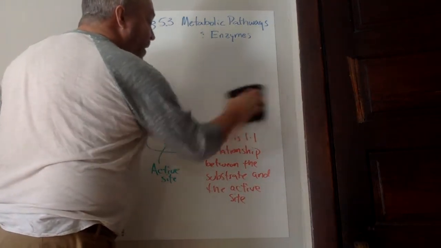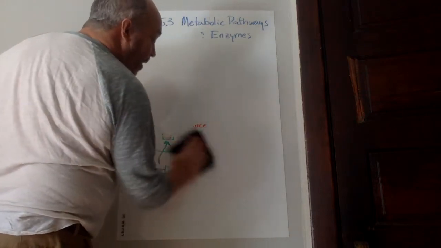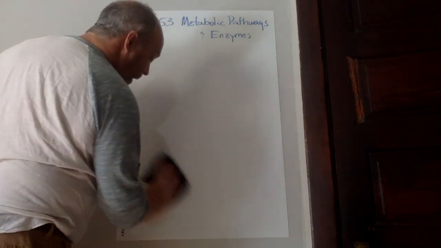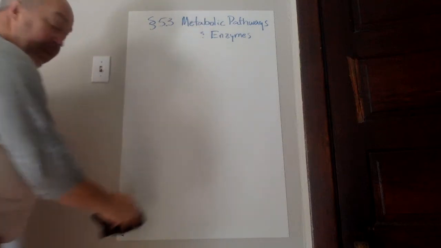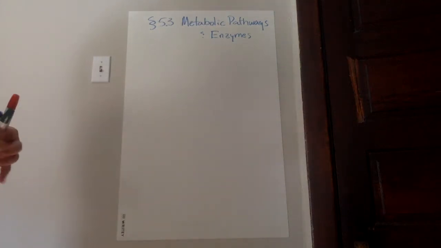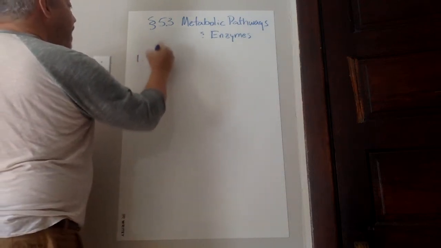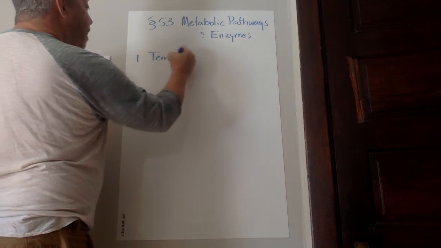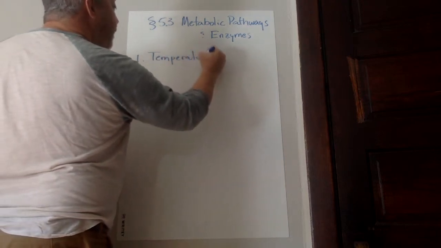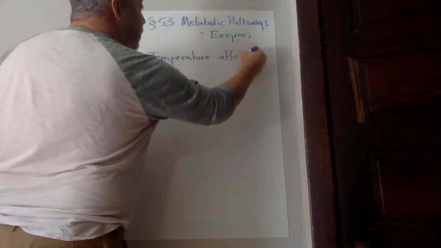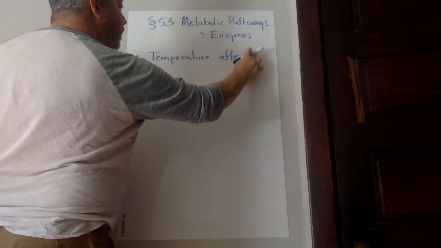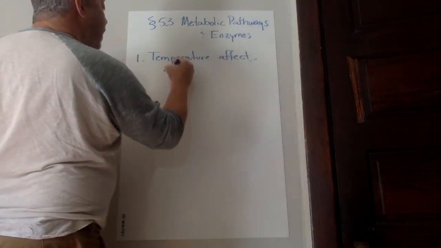And then the last thing we need to know about enzymes is that they are a little bit fussy. Now your book has left out a few of these things that I think are very important about enzymes. I'm not sure why our new book has left these out. But enzymes need a certain temperature to work at. So temperature can affect enzyme performance.